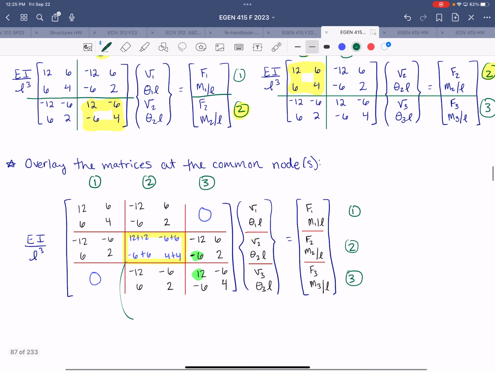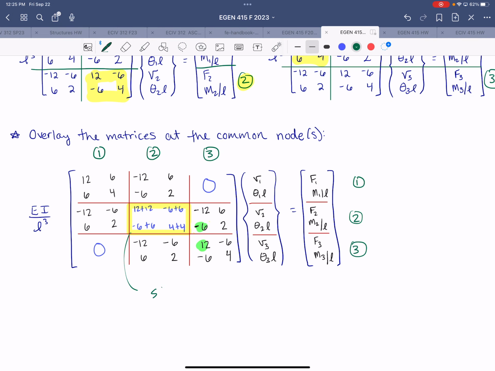So this, I'll just note, we've added the stiffness values at common nodes.